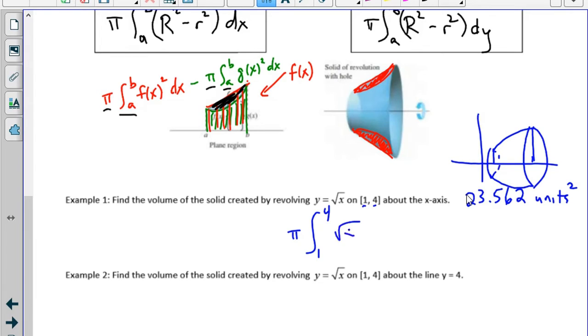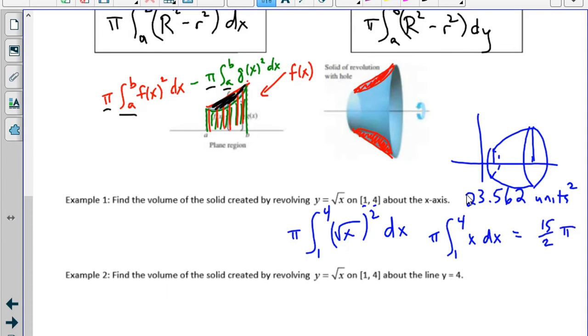So that's square root of x squared dx. This problem you can actually do by hand because you should know how to take the integral of x dx. You would end up getting, and I'm going to do this in the interest of time, 15 halves times pi, but you can do that by hand.